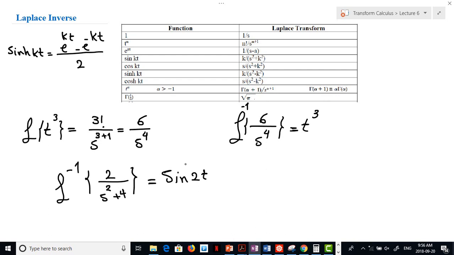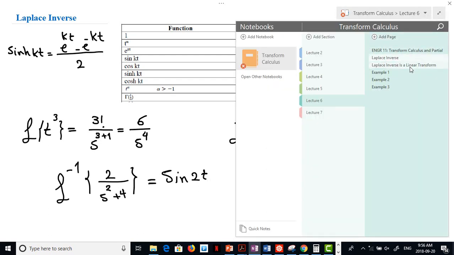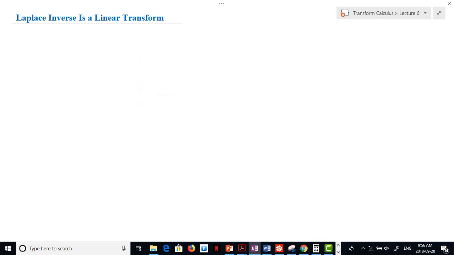Laplace inverse has some properties like Laplace transform. The main property of Laplace inverse is that Laplace inverse is a linear transform. So what does it mean?